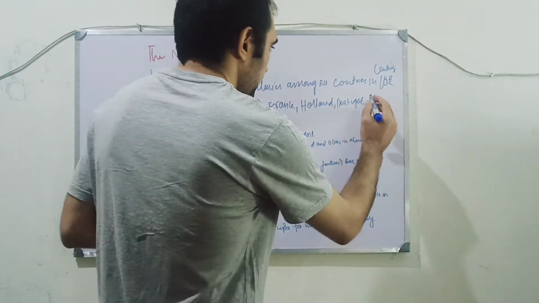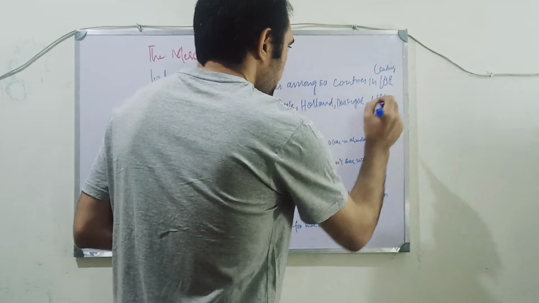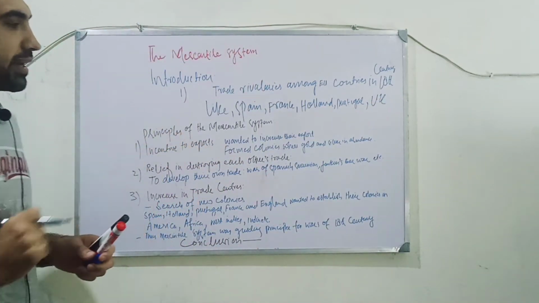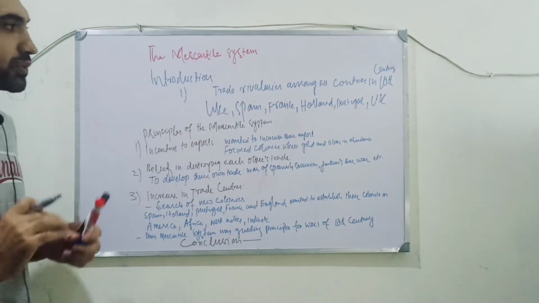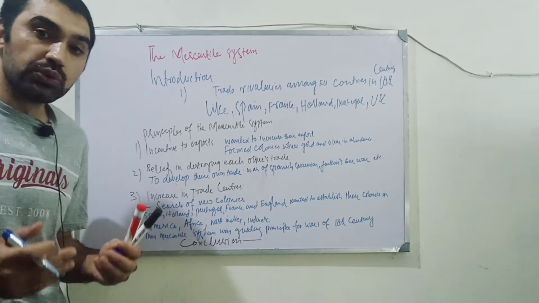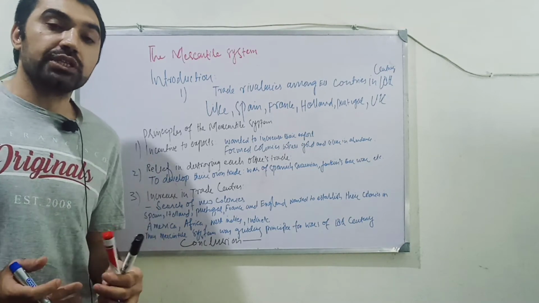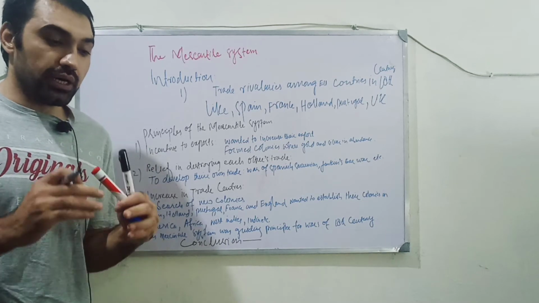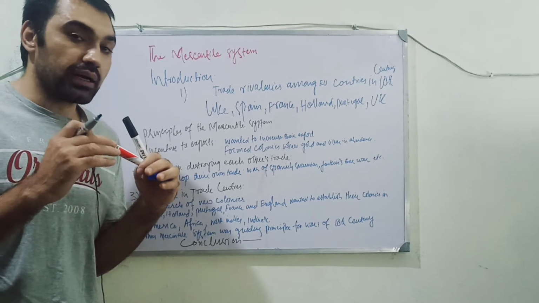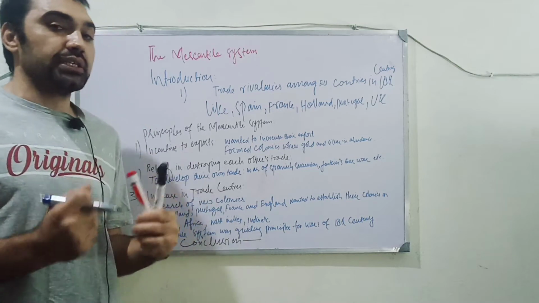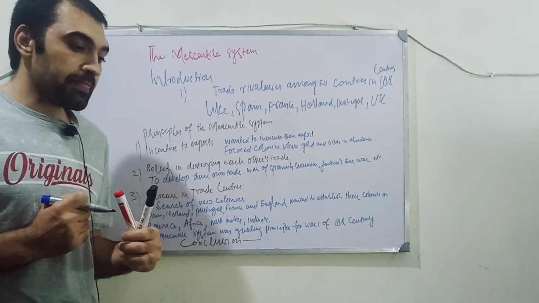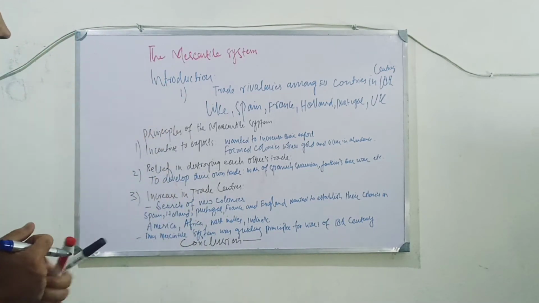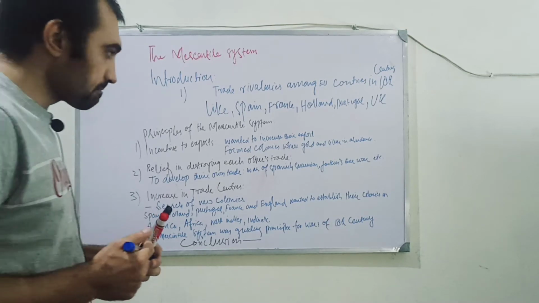I forgot the UK. They were in a position where they would try to suppress or defeat each other, or try to destroy the trade of each other. Thus, this system is known as the mercantile system.